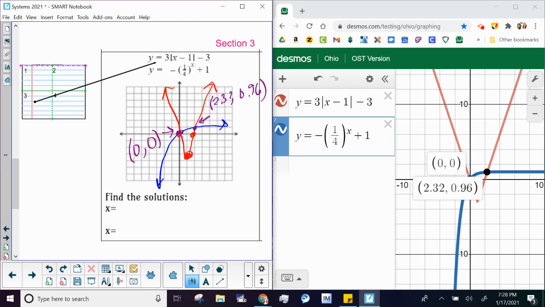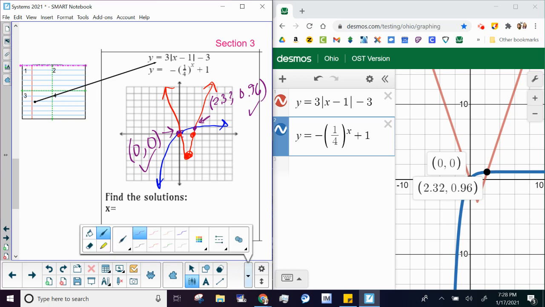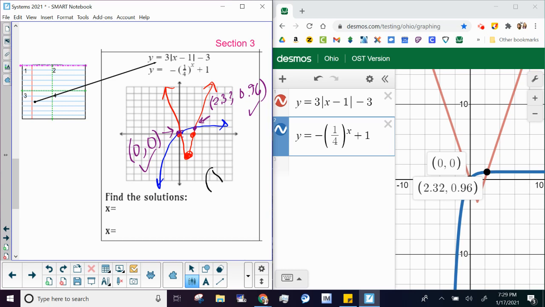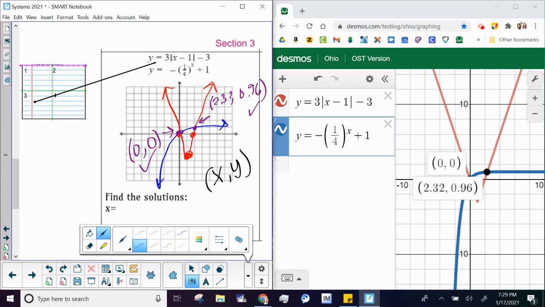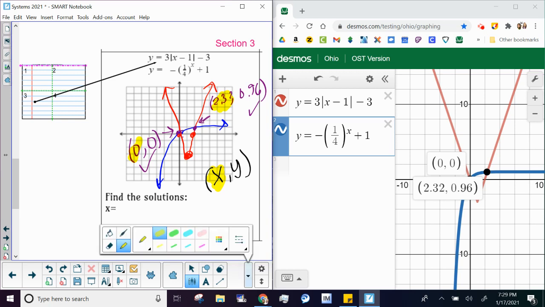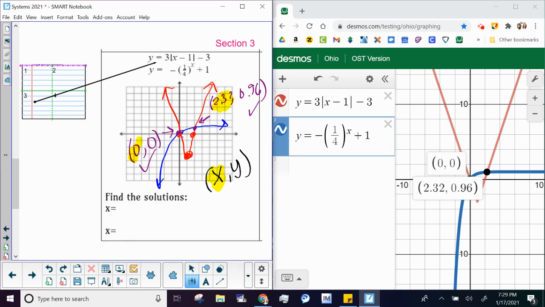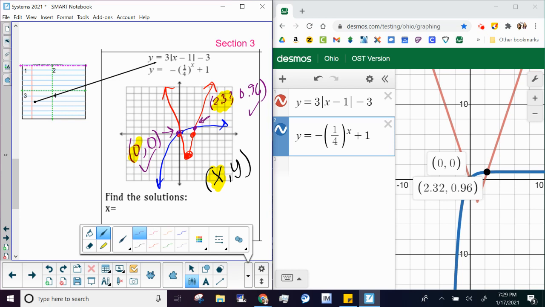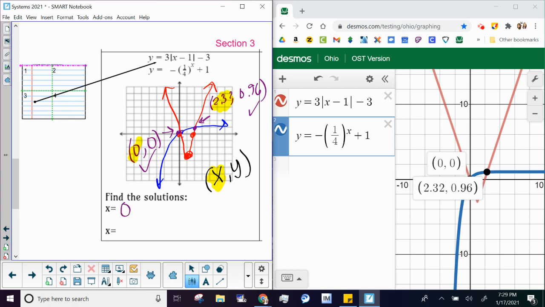Now the question wants us to find the solutions. We found them. Those are our two solutions, but they only care about the x value. Remember, in our ordered pairs, it always goes x and then y. So I know the x is the first number. When they ask me to find the solutions and they just say x equals, all I'm going to be writing is 0 and 2.32.